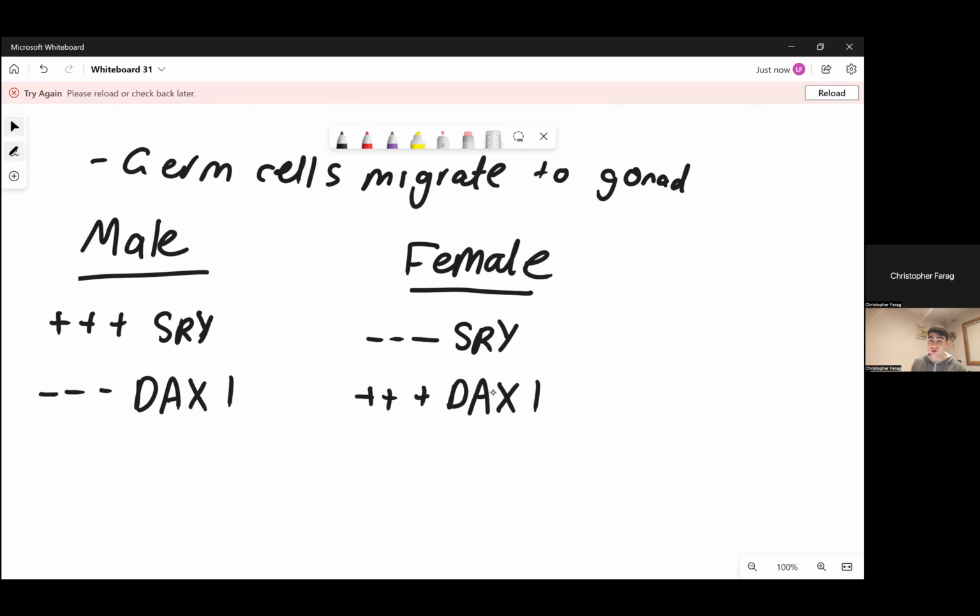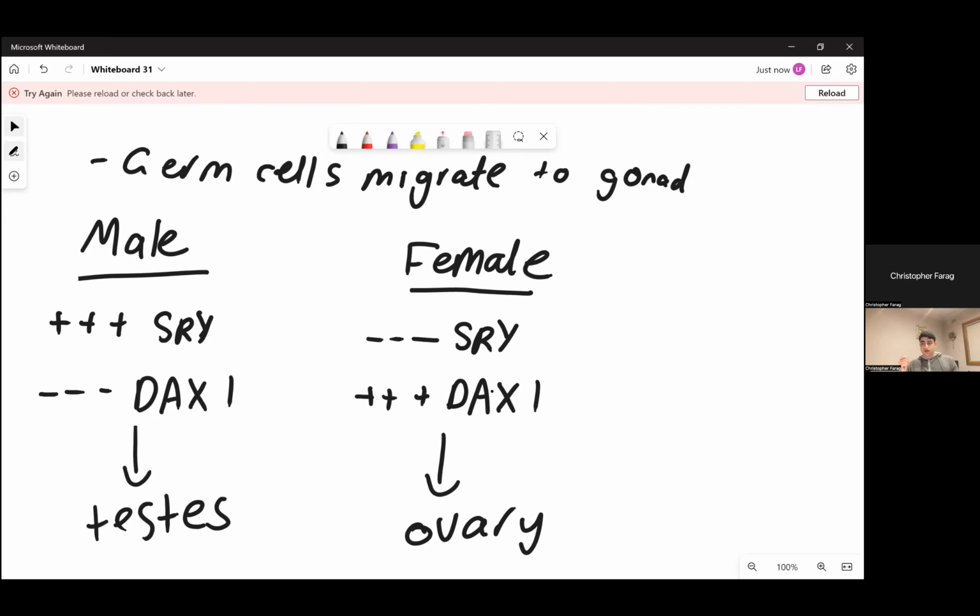In other words, we want high of the gene that promotes testes development and low amounts of the gene, DAX1, that inhibits it. Okay. And so as we said, this causes the growth of testes. For a female, it causes the growth of the ovary.